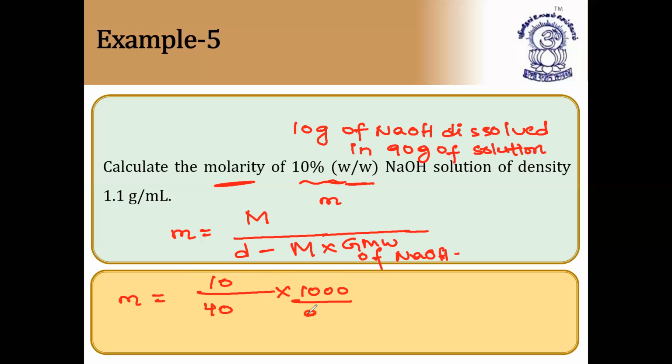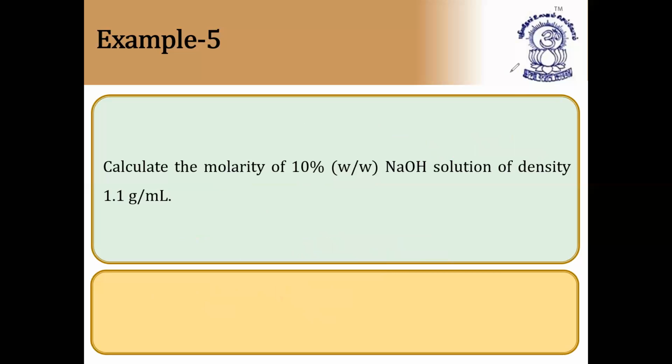How we got 90? Because 10%. So after solving this, you'll get small m. Once you get that, you can find out molarity. Here directly the molarity answer is given, that is 2 point something molarity.